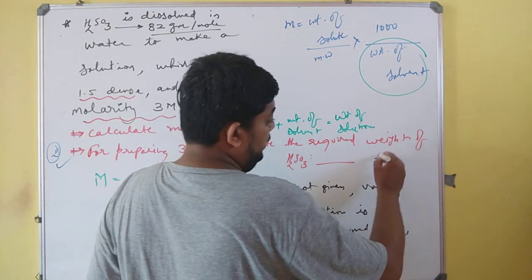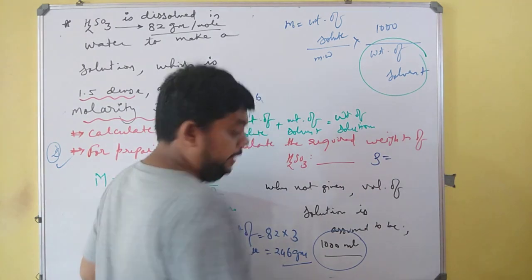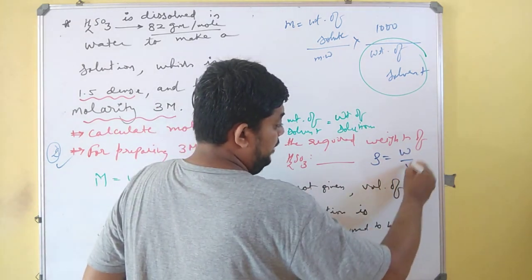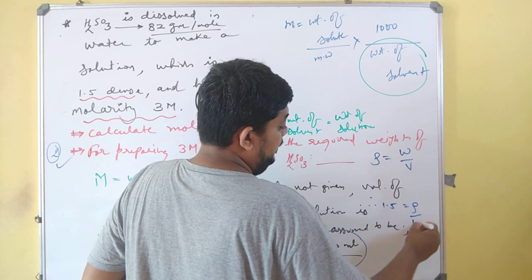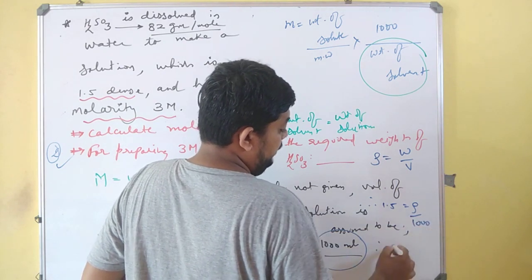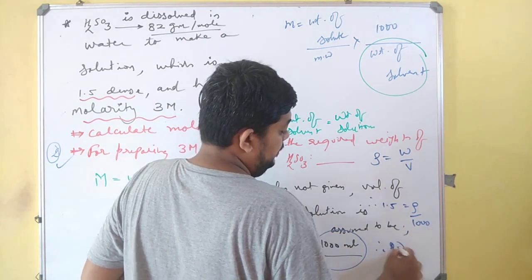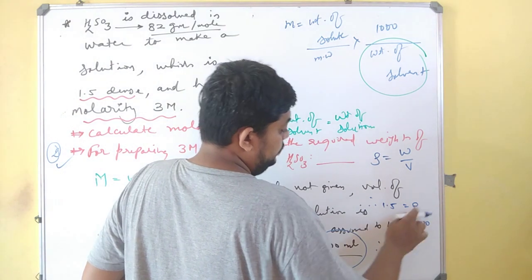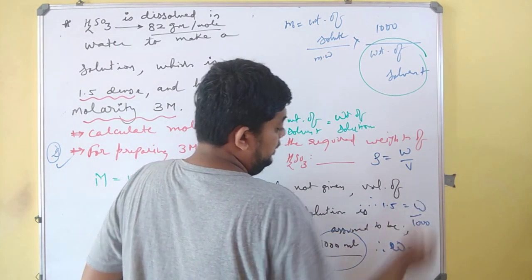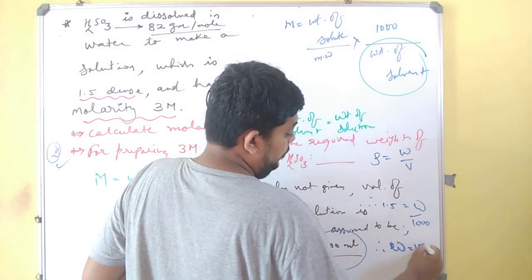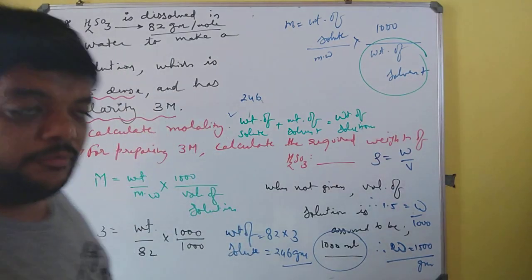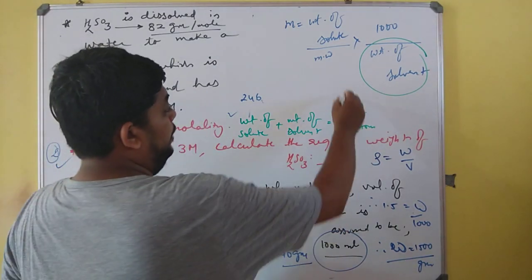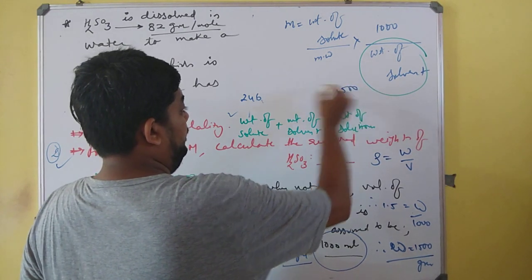You make that simple equation, recall again, density is equal to weight by volume, therefore 1.5 is equal to weight by 1000, and therefore you will end up with weight is equal to 1500 gram. So the weight of solution now will be 1500 gram.